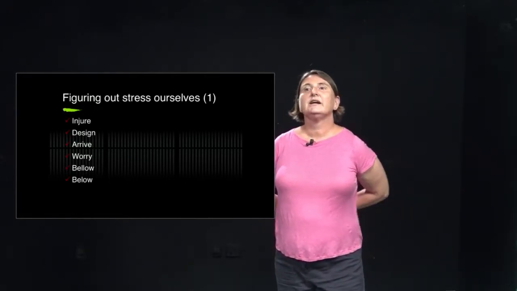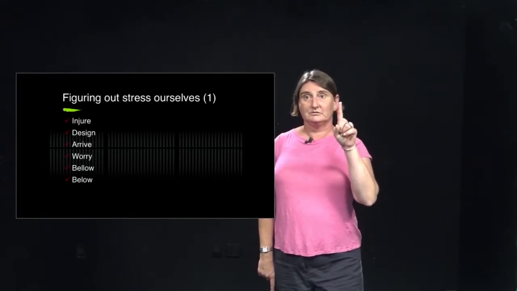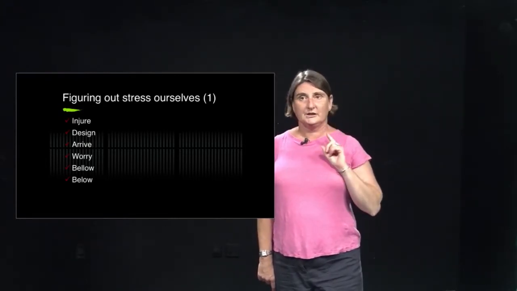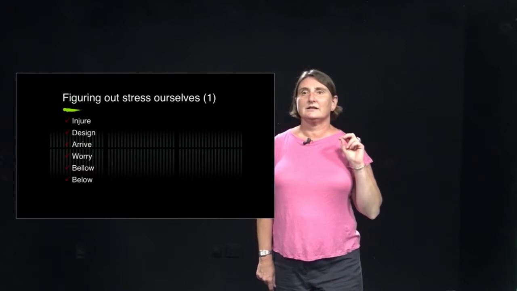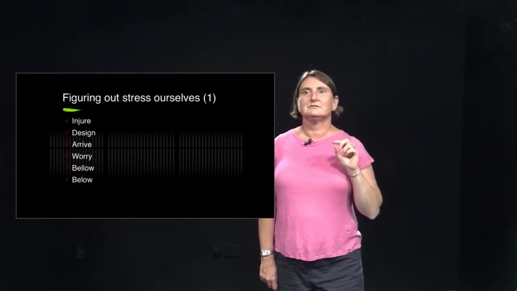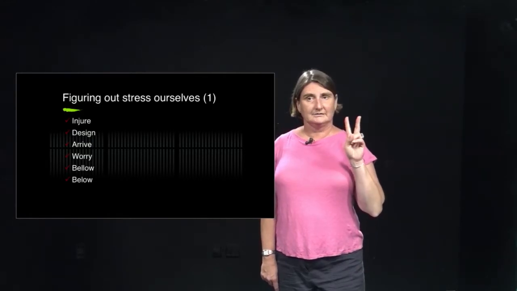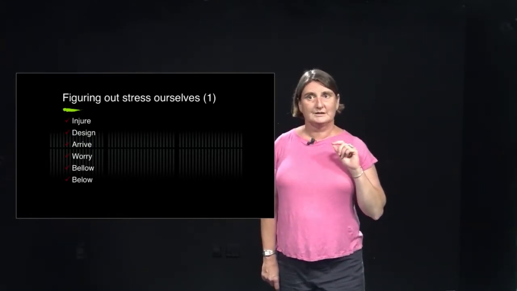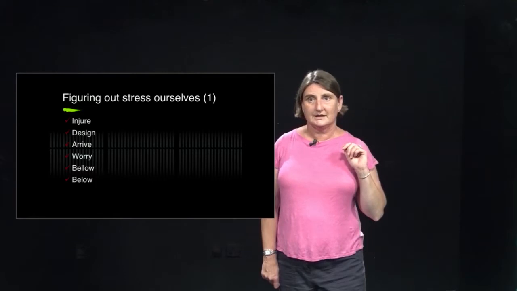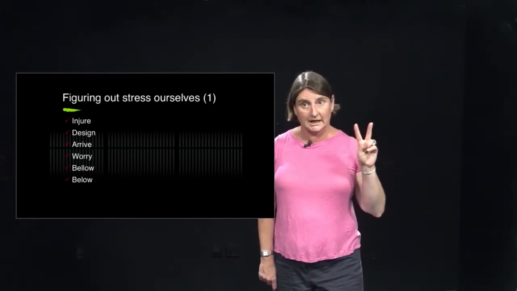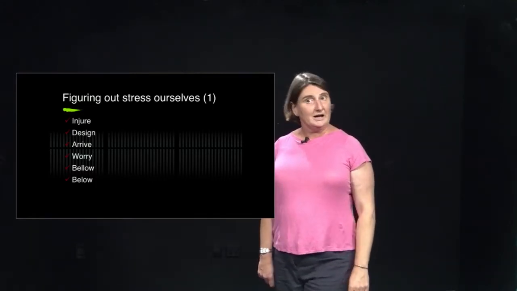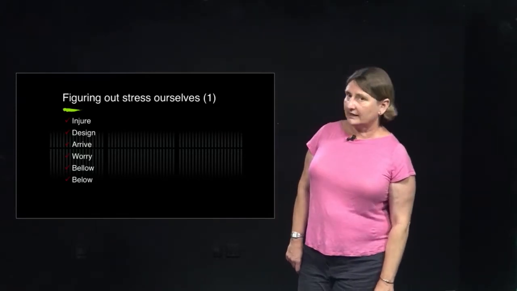Okay, injure, first syllable. Because if it was second, it would sound like this, injure, but it doesn't. Okay, design, second. If it was on the first, it would sound like design, but it doesn't. Okay, arrive, second syllable.